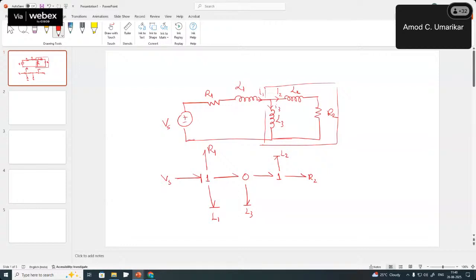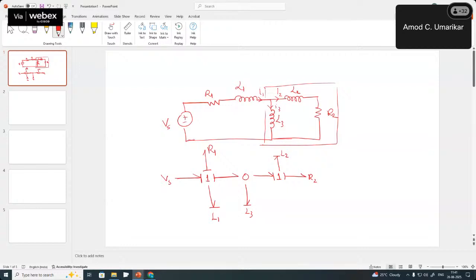Now we have to see the rules: by rule, only one causal bar can be away from the one junction. So with this rule there should be like this, and if it is here then there should be like this. What is the issue here?